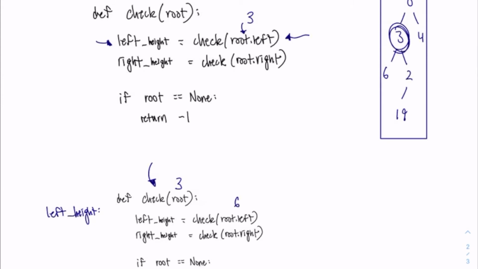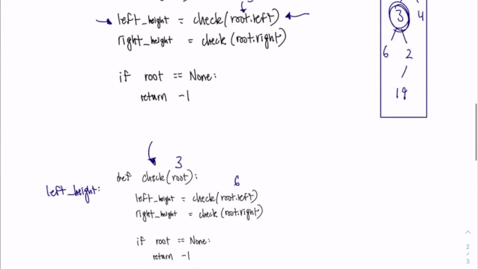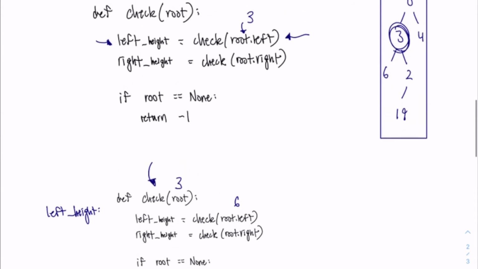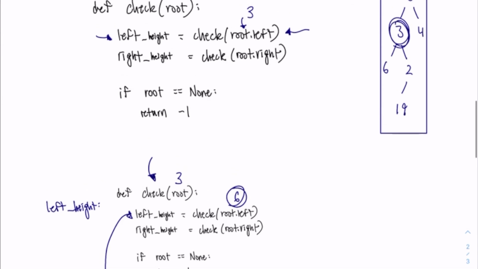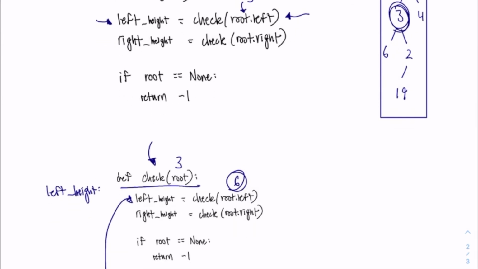So left height is 6. Well, it's not 6, but check root.left is 6, and we're trying to get the return value of check 6. Well, we can't really do anything because 6 isn't none. So we go a step further again, and we make 6 the root. So this def check root is this statement, and this def check root is this statement.